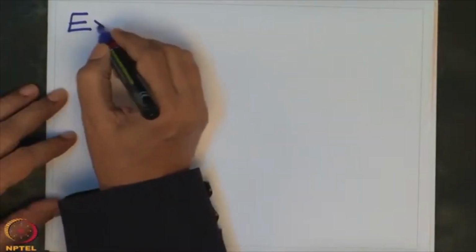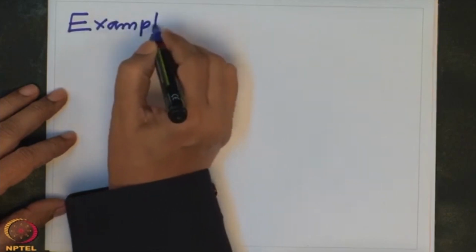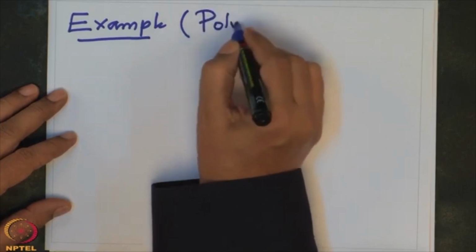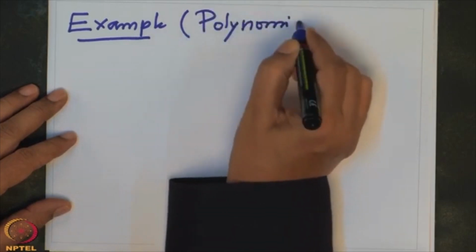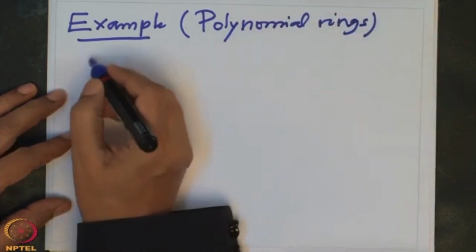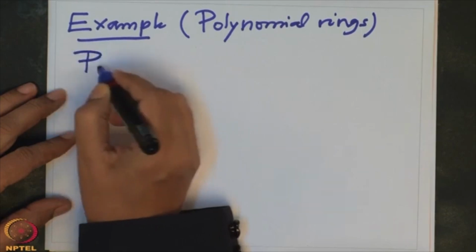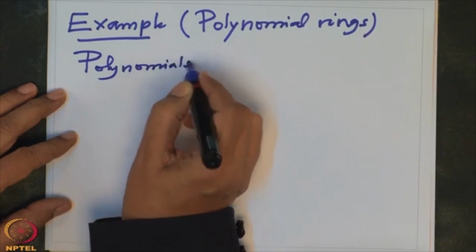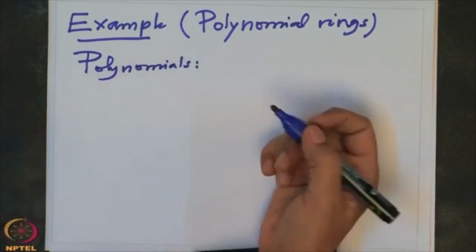One more example of a natural ring I want to construct. These are so-called polynomial rings. So first of all, I want to spend a couple of minutes on polynomials.